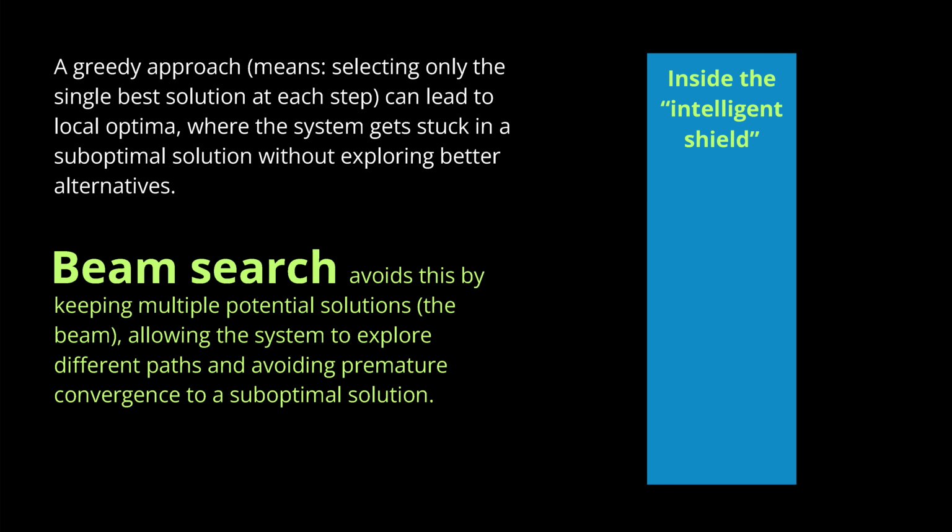So therefore, if the system autonomously finds beam search, how nice. Beam search, if you're a green grasshopper, avoids this by keeping multiple potential solutions here, the width of the beam, the top 10 candidates for example, allowing the system to explore different paths and avoiding a premature convergence to a suboptimal solution.